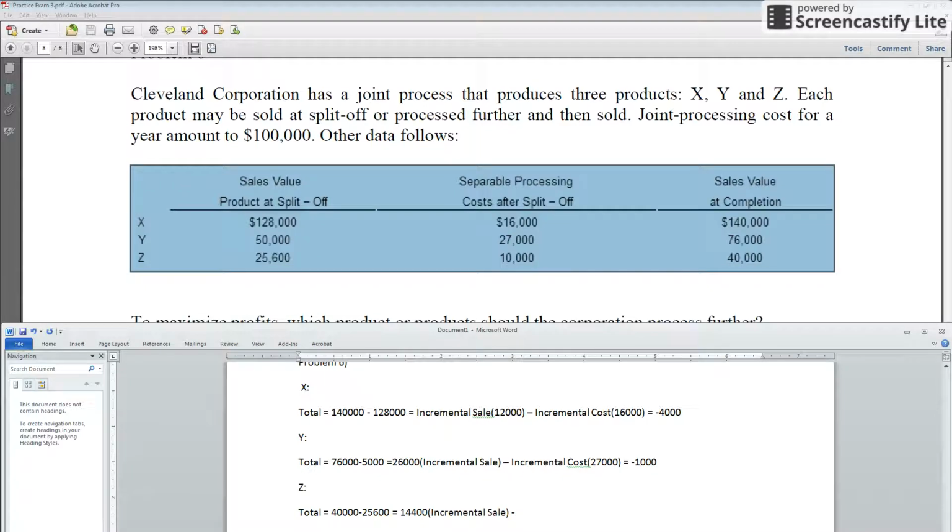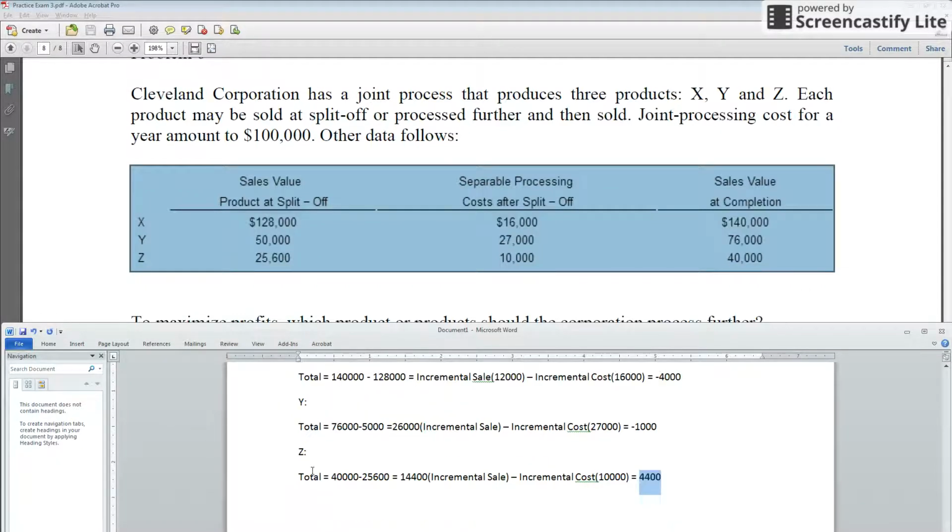And my incremental cost is 10,000. So this time my benefit is 4,400. I only produce Z. So only process Z.